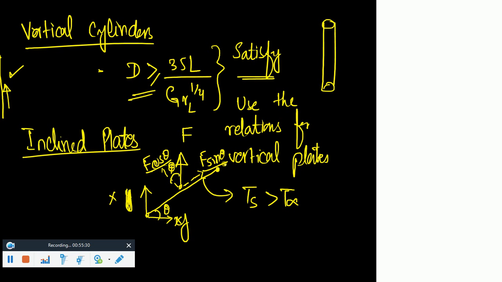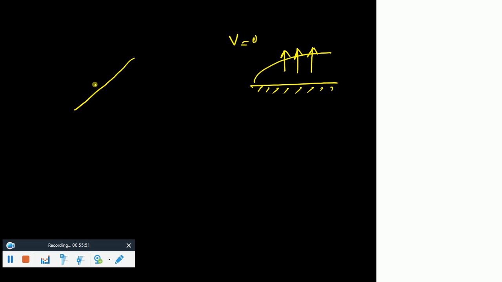So what you can see is that in case of external forced convection, you said this is the boundary layer and you said that V is 0. It means there was no flow in the upward direction, isn't it? But in case of an inclined plate, can you say that the velocity layer would be of this shape? Because there is some velocity in the vertical direction and some velocity in this direction.